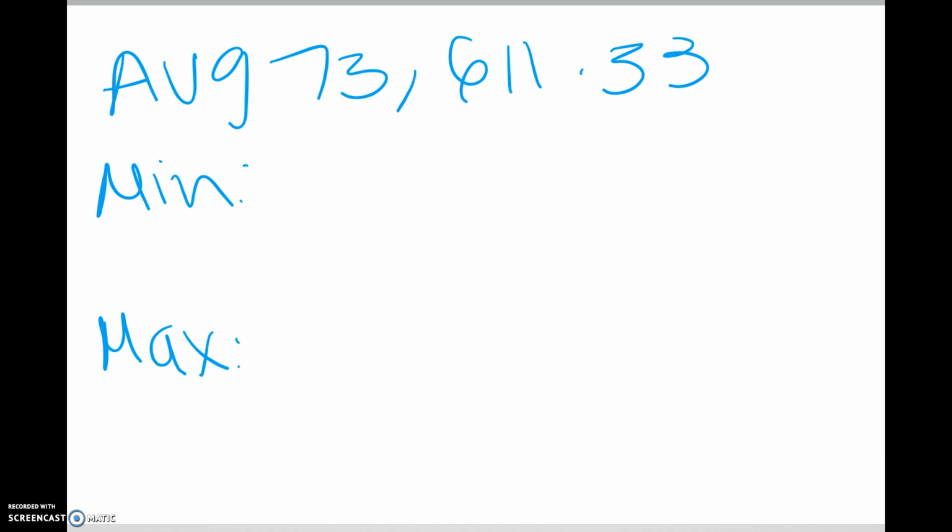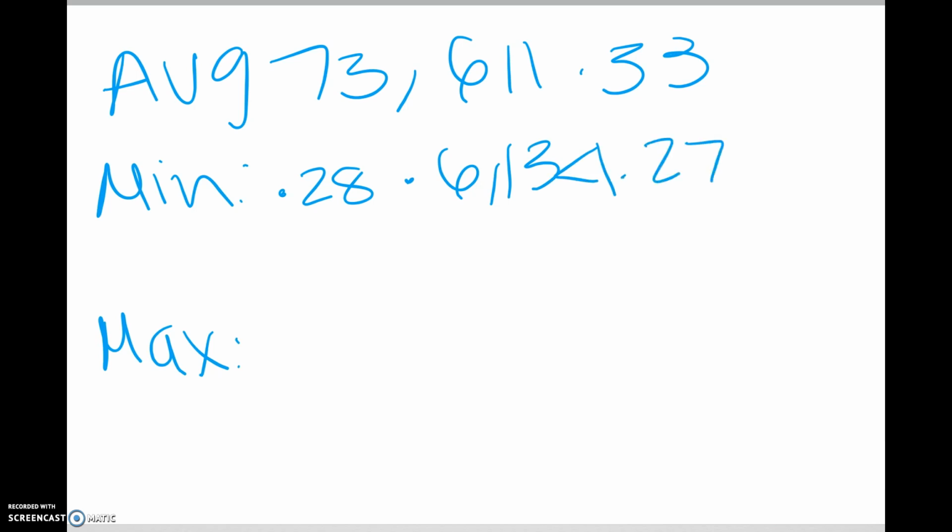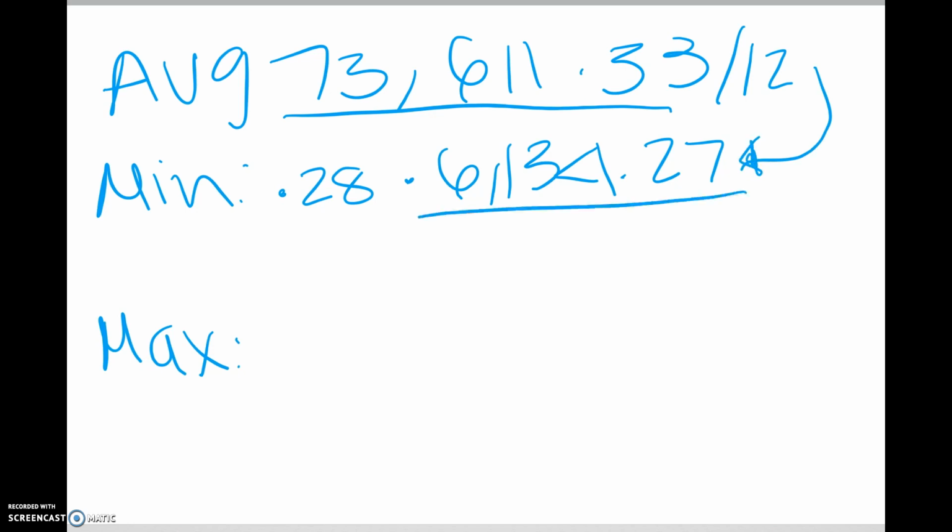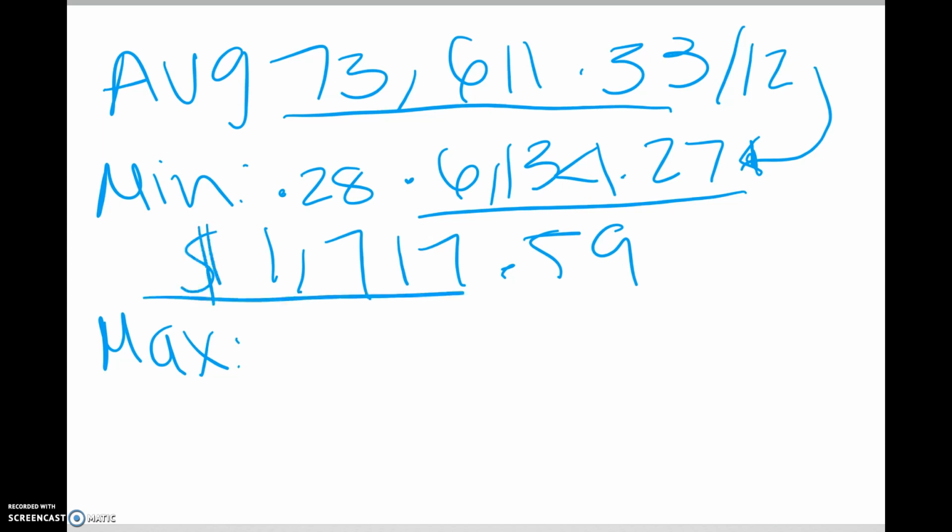So we take 0.28 and we multiply it by 6,134.27 because we divide the 73,611 by 12 months and you get 6,134 times 0.28 and you get $1,717.59. And this is the minimum amount that you should pay on a mortgage.